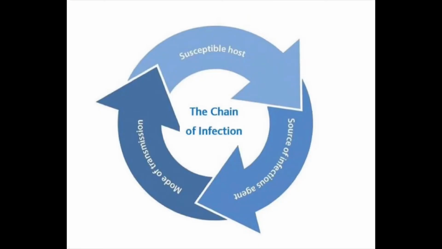You may be asking yourself, what does it mean when I say a reservoir? A reservoir is essentially the habitat where viruses will live, grow, and multiply. And there is a mode of transmission, which is how the virus moves from the reservoir to the host. The host is essentially the last step in the chain of infection. And in this type of virus, humans and animals are the host.